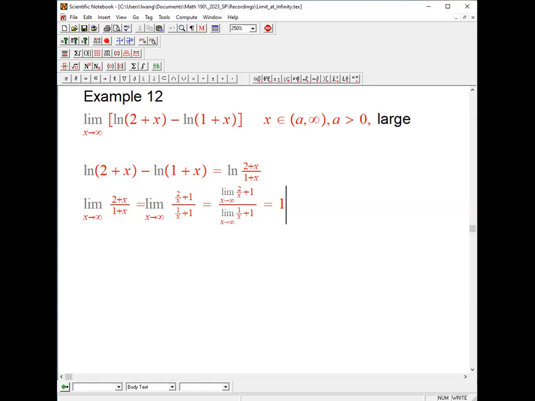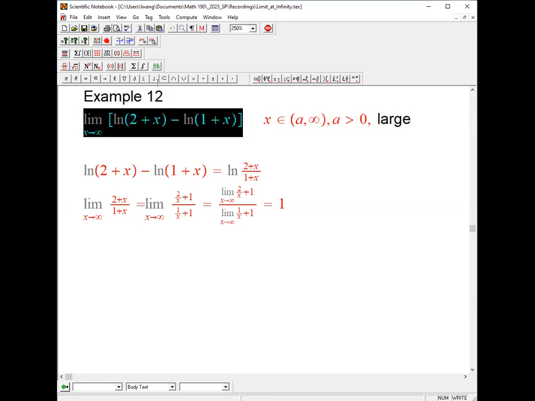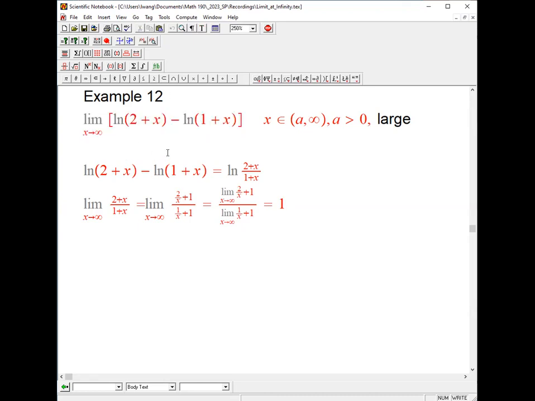Now we can apply this theorem, because the limit of the inside function exists, and the function ln x is continuous, so we can bring the limit across and carry out the work. You can still keep the step to show your work. You just show it step by step.